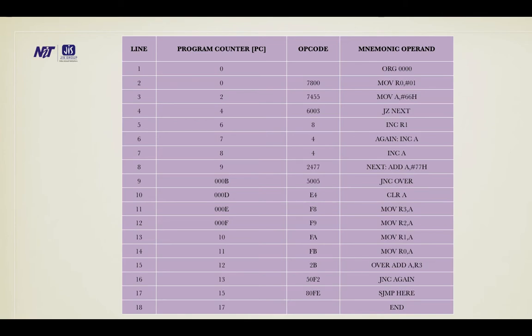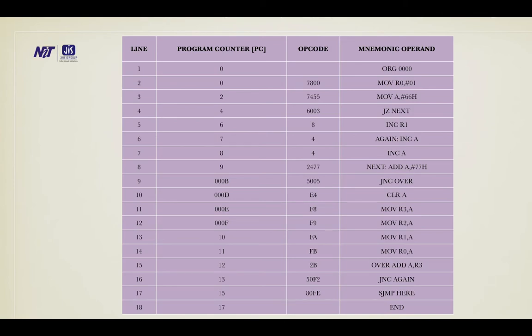MOV R3, A, opcode FB, program counter 000E. MOV R2, A, FA, 000F. MOV R1, A, F9, 10. MOV R0, A, F8, 11. Over: ADD A, R3, 2B, 12.